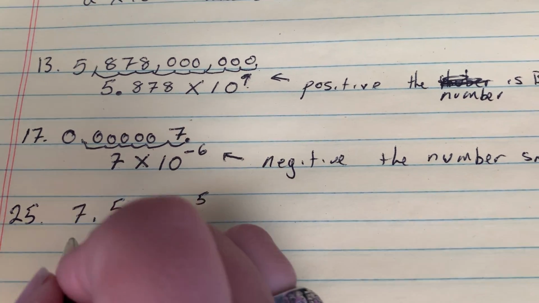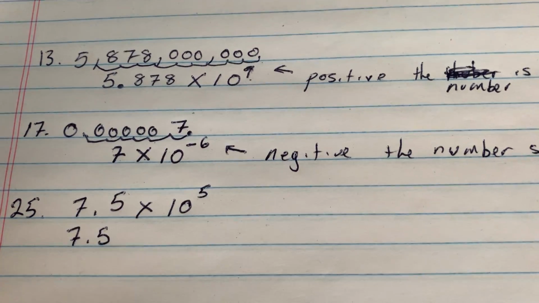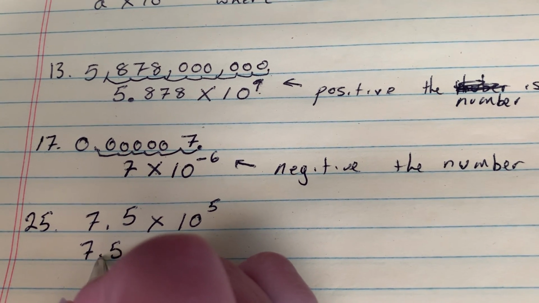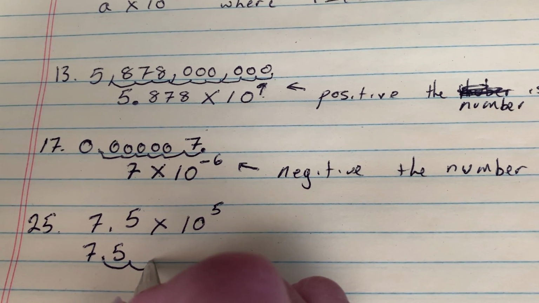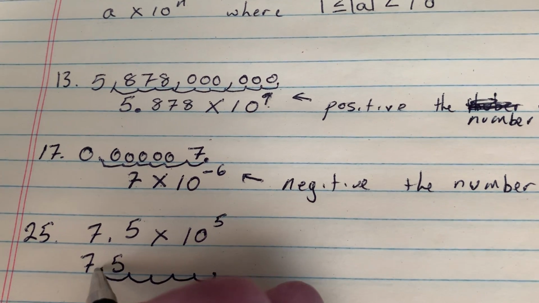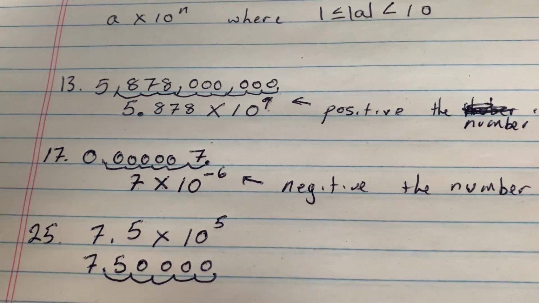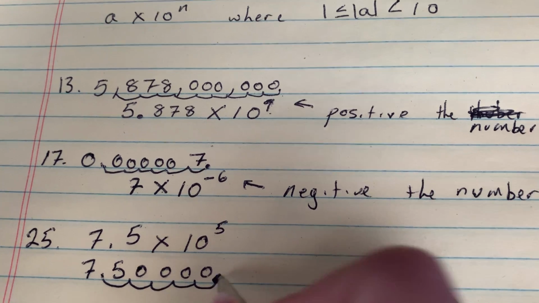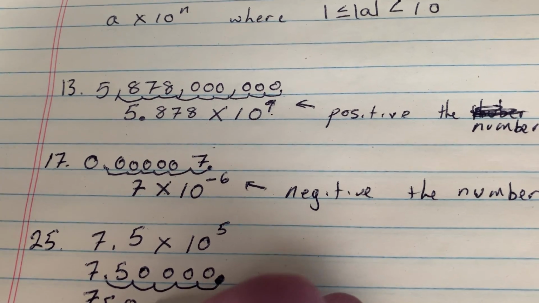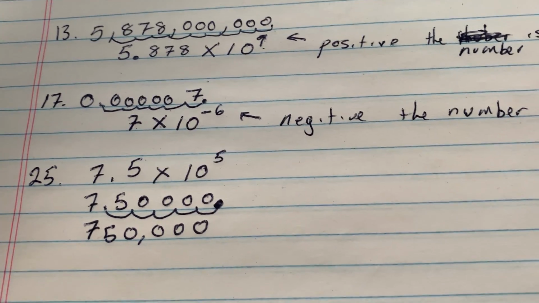So I write out 7.5, and this is telling me to go 5 zeros to the right. So I'm going to make it bigger. 1, 2, 3, 4, 5. I like to count out 1, 2, 3, 4, 5. Okay, so this is our new decimal point. So my number is 7, 5, 0, 1, 2, 3, 750,000.